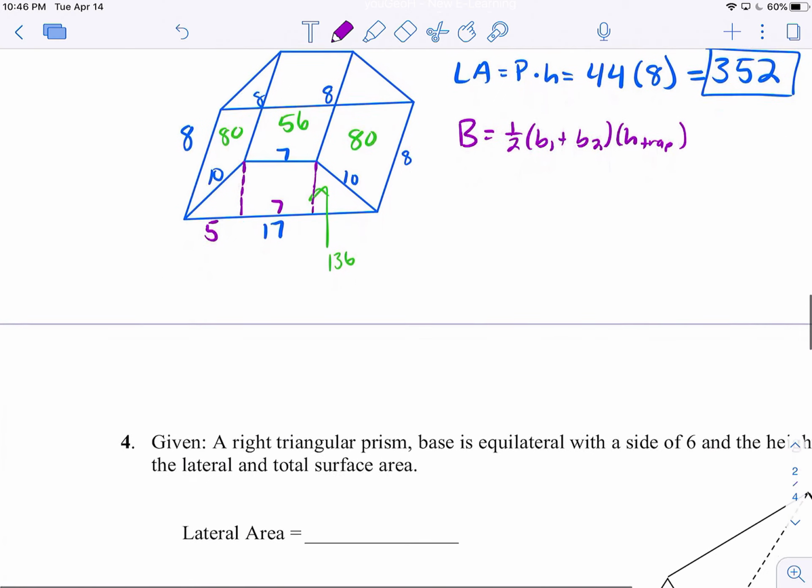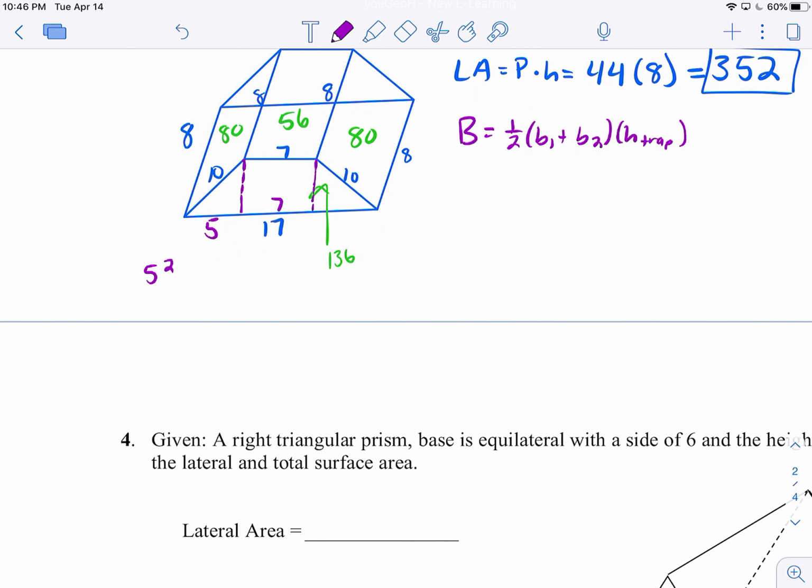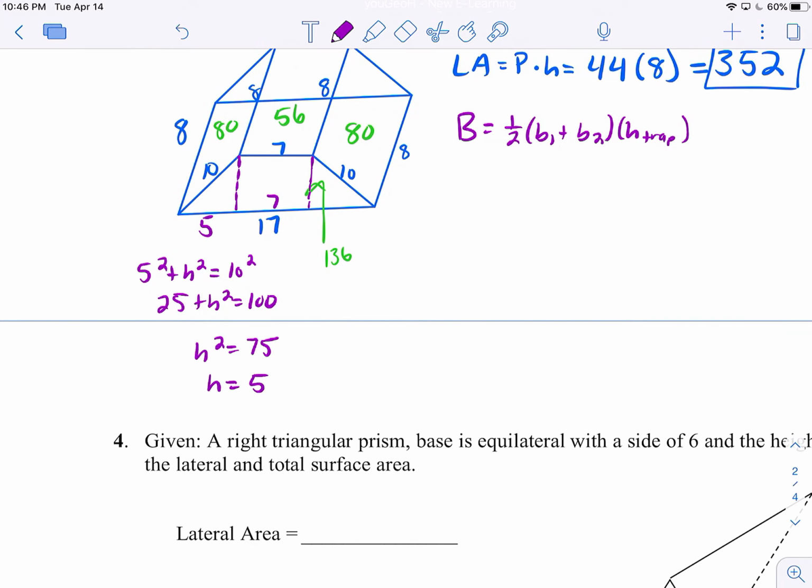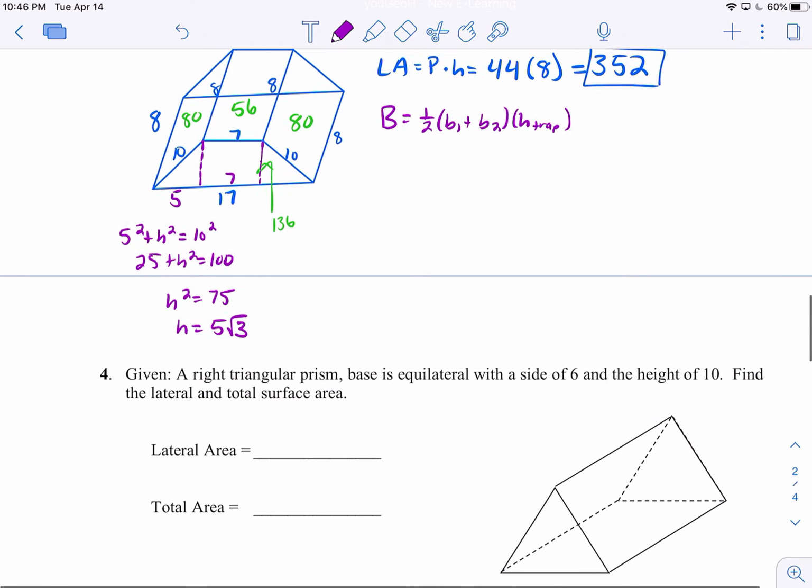And then with Pythagorean theorem, that makes this 5 squared plus h squared equals 10 squared, so 25 plus h squared equals 100. That gives us h squared is 75, and 75 is 25 times 3, so this comes out to be the square root of 75, or 5 root 3.